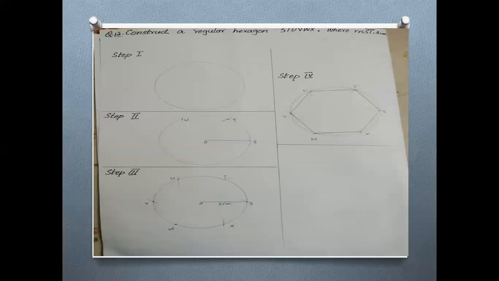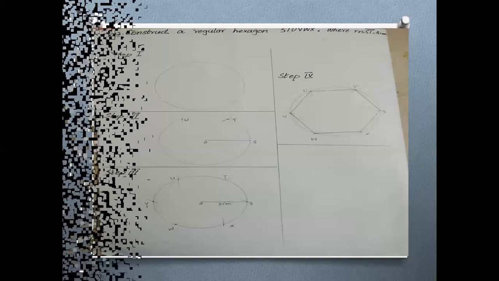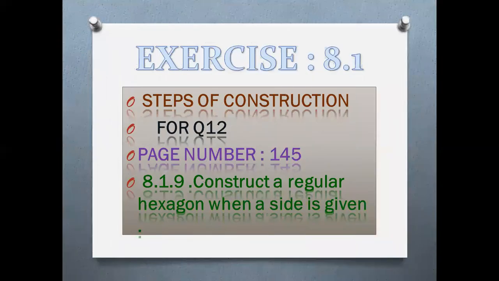And STUVWX is the required hexagon. The steps of construction of this diagram are on page 145, under the statement, construct the regular hexagon when a side is given.